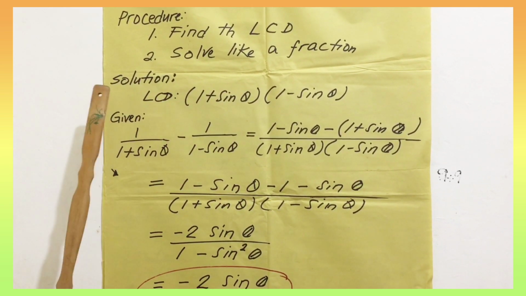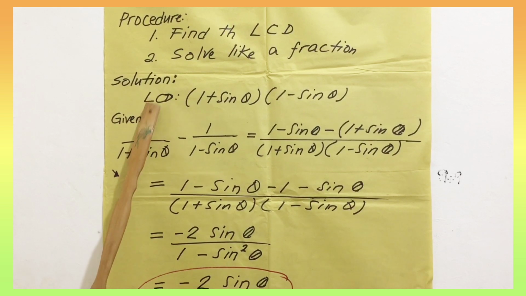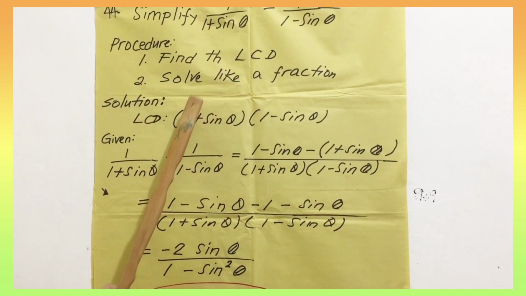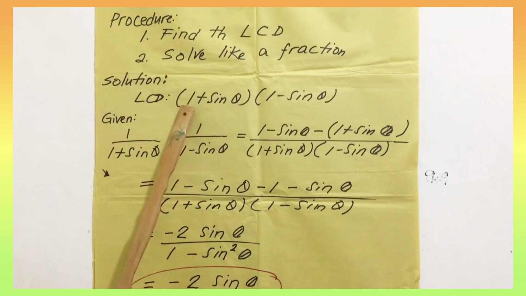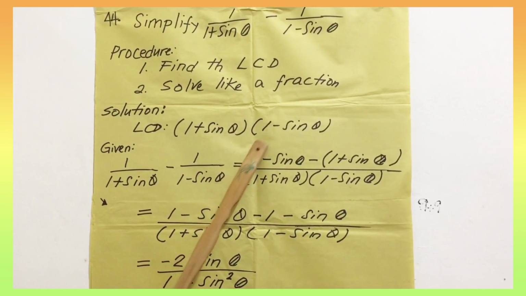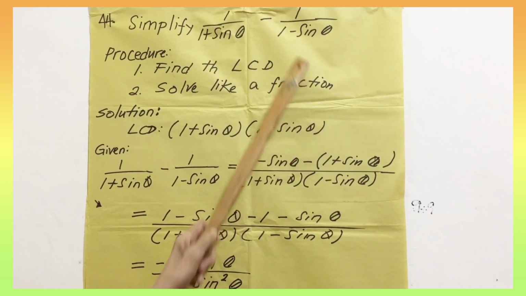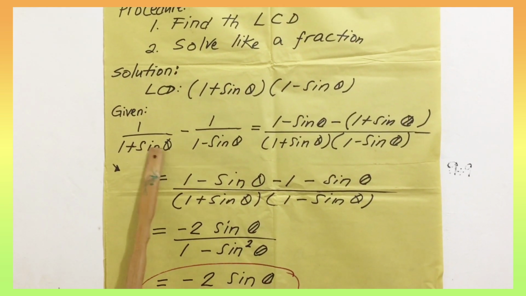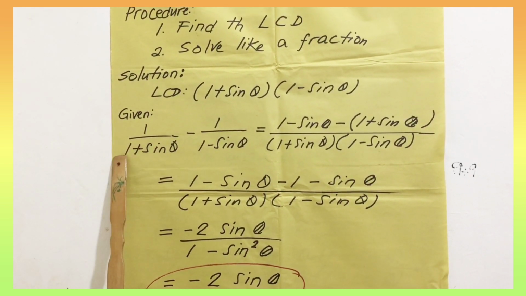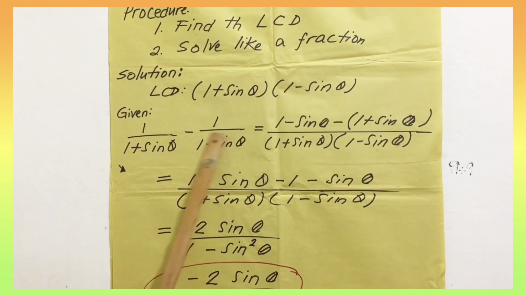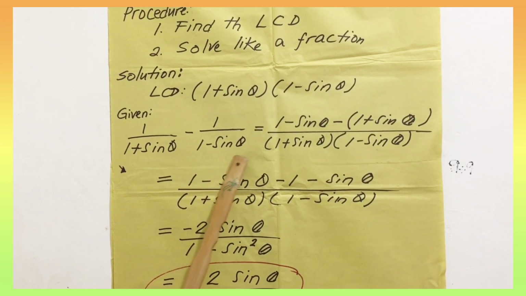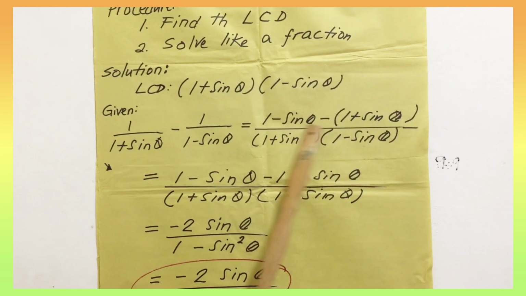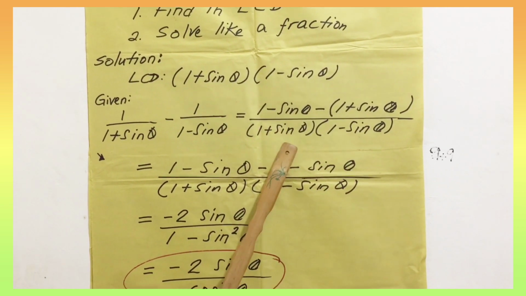So our solution, we're going to find the LCD. In finding the LCD of this given expression, we multiply the given denominators, 1 plus sine theta times 1 minus sine theta. We have to write first the given: 1 over 1 plus sine theta minus 1 over 1 minus sine theta is equal to, we write a division line first, then write the LCD.